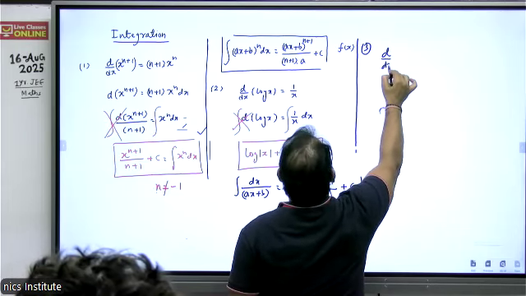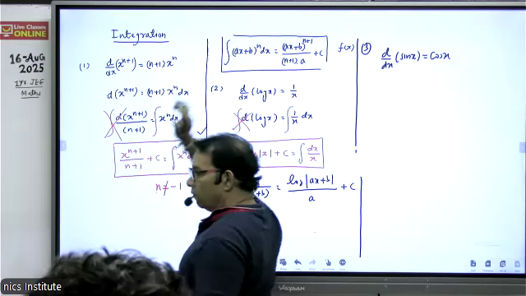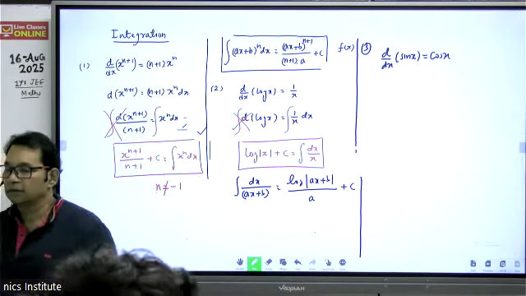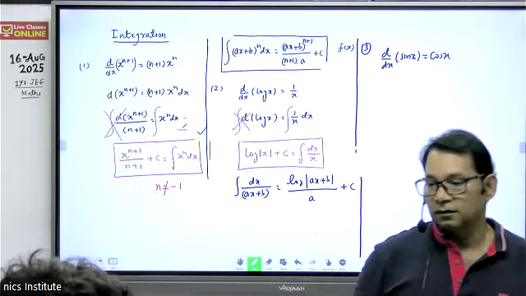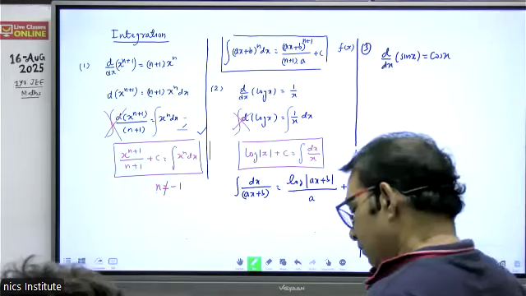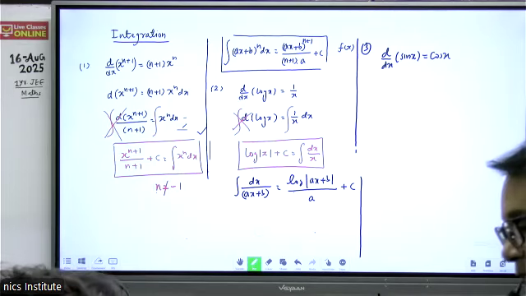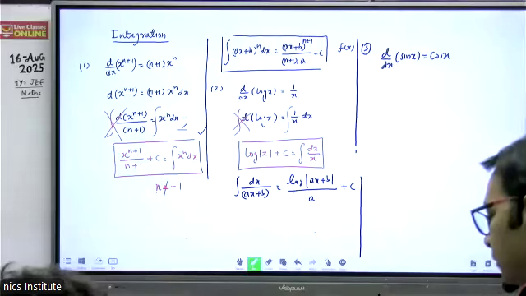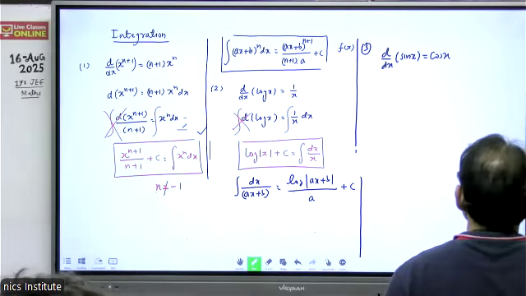d by dx of sin x कितना होता है? Cos x. Now let's derive formula for integral. करो अपने आप से. Get dx to the other side. प्लस सी. प्लस सी भी लिखोगे और उसको उसमें भी कन्वर्ट करो.